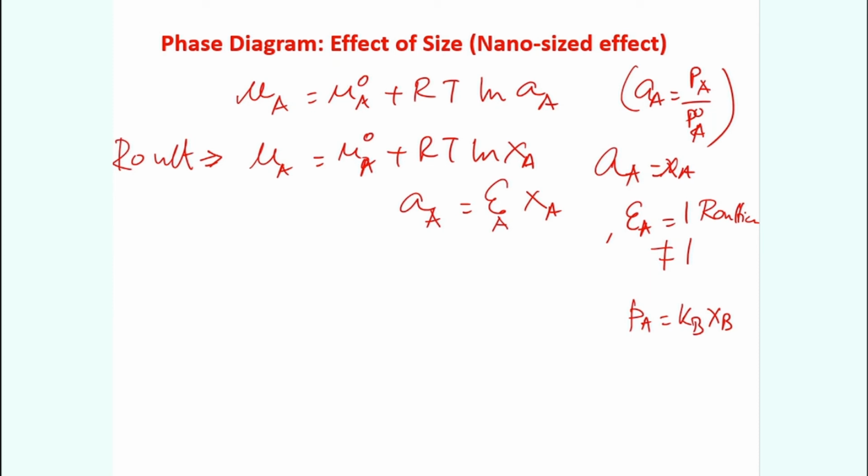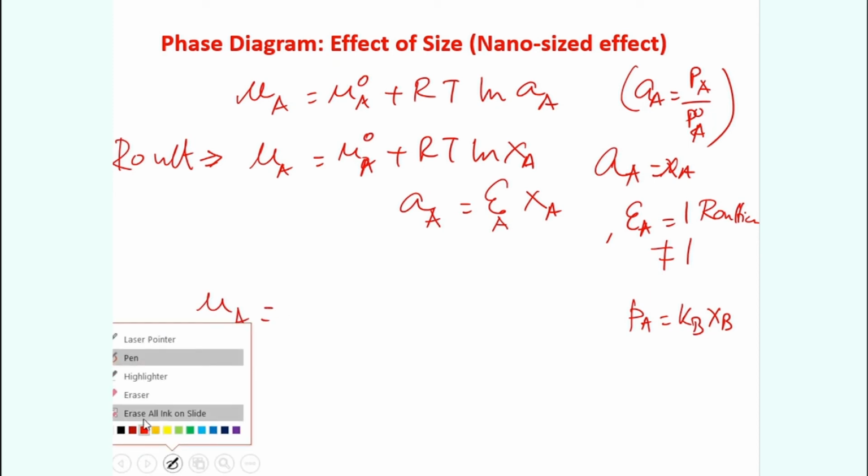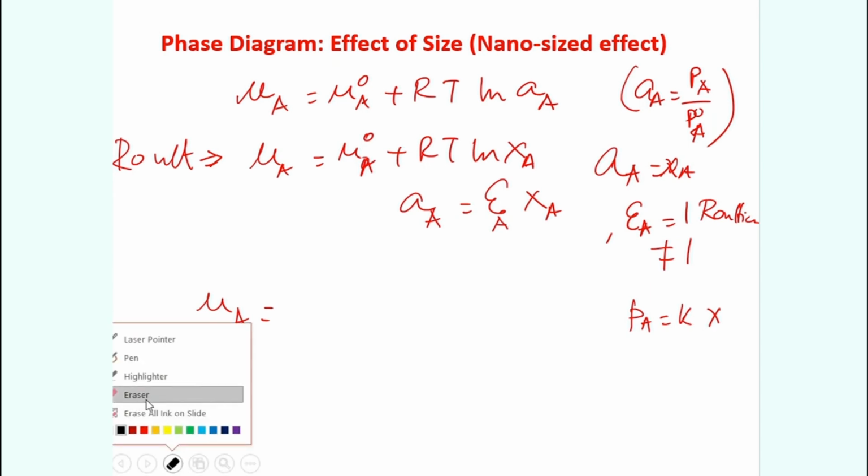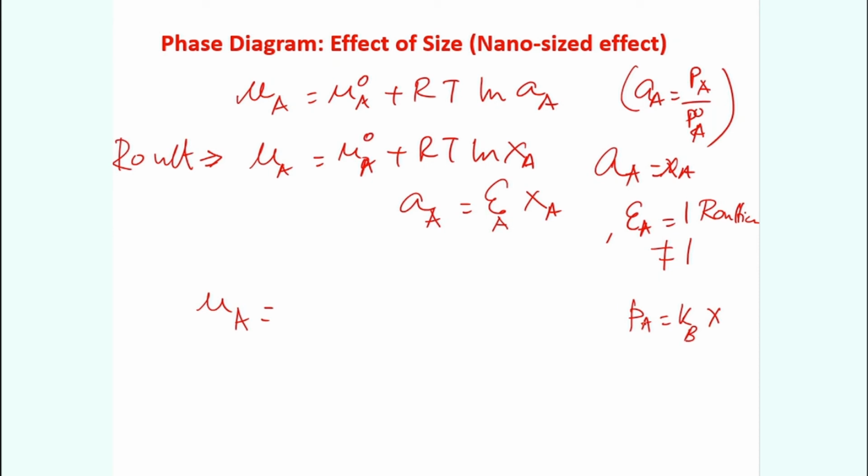You should remember that Pa is equal to Kb into Xa. So if you put that back, mu A, sorry, it should not be B, it should be A. Okay, B is the solute and A is the solvent. Raoult's law is mostly applied for solvents, and Henry's law is applied for dilute solutes. The solute solution is dilute, meaning very small concentrations.